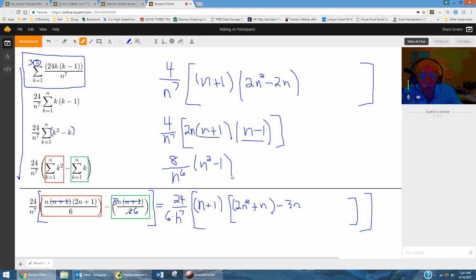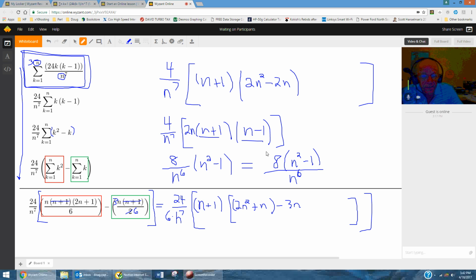So what we're suggesting is that 8 times the quantity n squared minus 1 over n to the 6th will give the same exact result as if you apply this formula right here by putting 1 in for k, 2 in for k, 3 in for k, and adding up the terms where this n, of course, is replaced by 3.